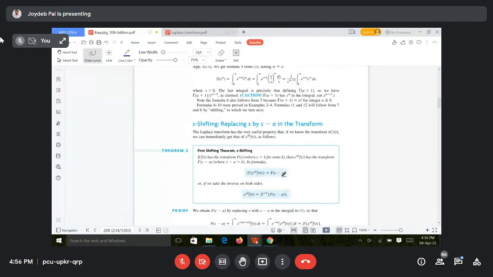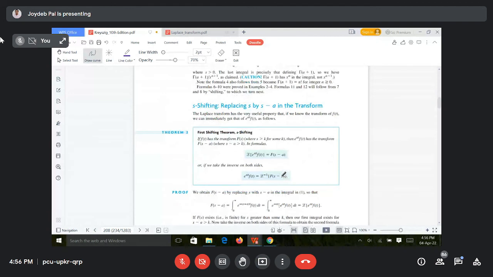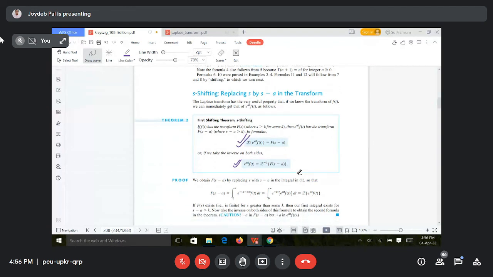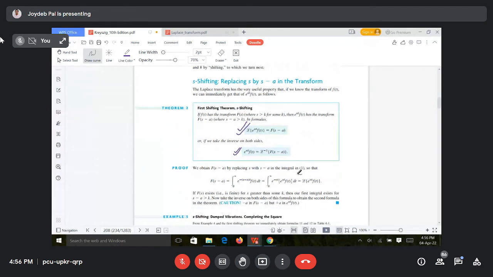Very simple. Before that, you have to understand what the shifting theorem is telling. So the next class I will tell you. That's all. This is purely formula based, there are small formulas, remember those formulas and solve problems. Totally algebraic, all algebraic calculations.